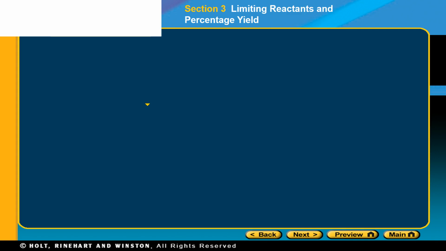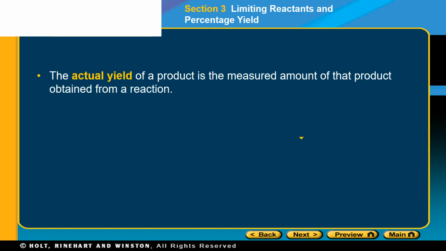So moving forward in this, two more definitions kind of thrown out there. So we have actual yield. The actual yield of a product is a measured amount of product obtained from reaction.